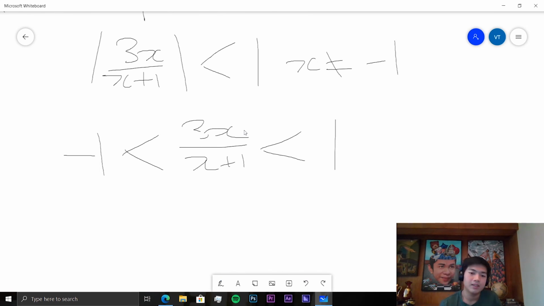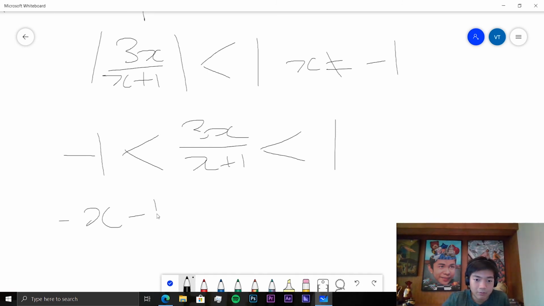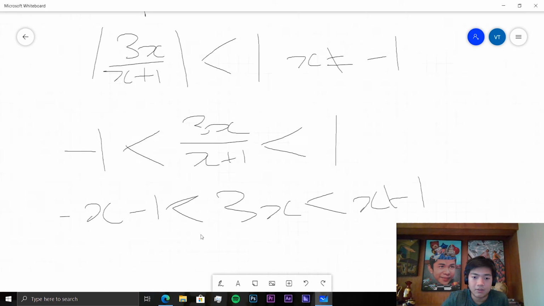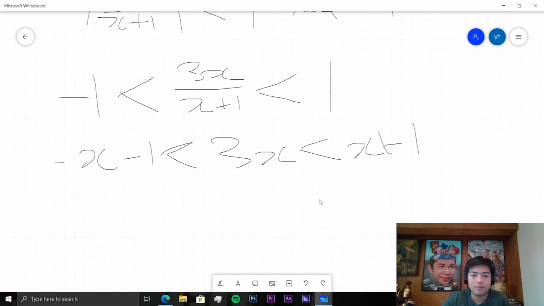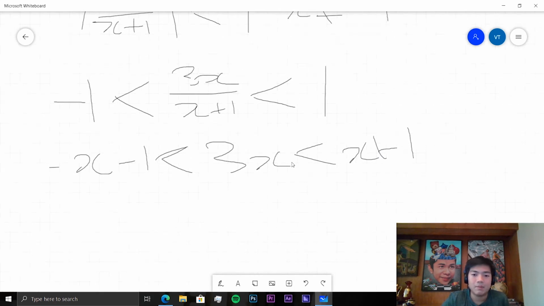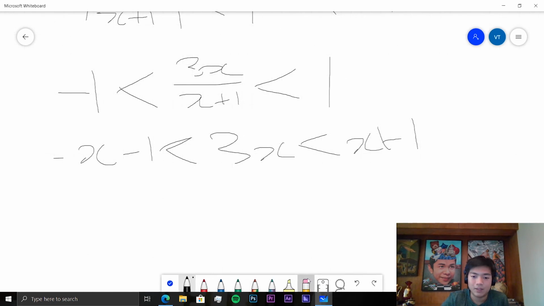So what can we get out of this? We can get that negative x minus 1 is less than or equal to 3x, which is less than or equal to x plus 1. Actually, it might be better to split these into two different inequalities. So we have negative x minus 1 is less than or equal to 3x, and 3x is less than or equal to x plus 1.